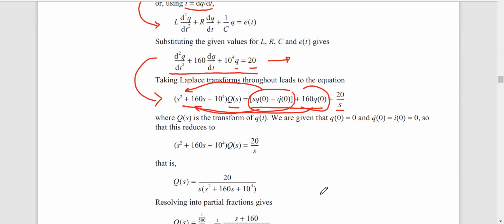The simplest one is s squared Q(s) minus s q(0) minus q'(0). This is the transform of the differential of this one.